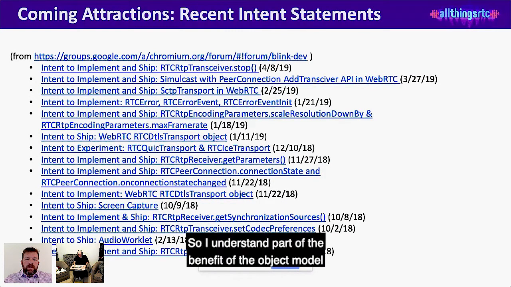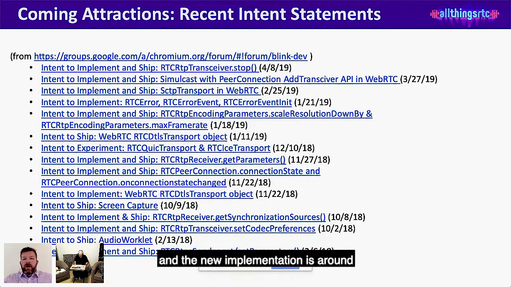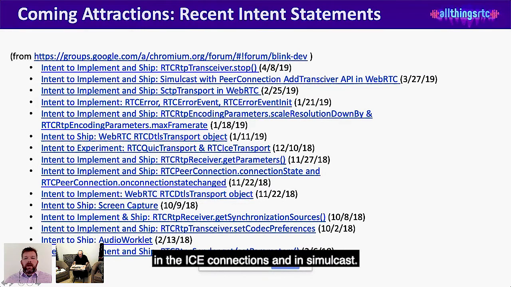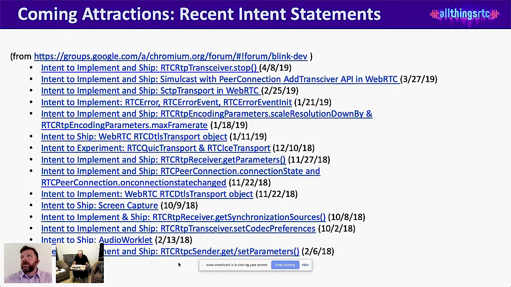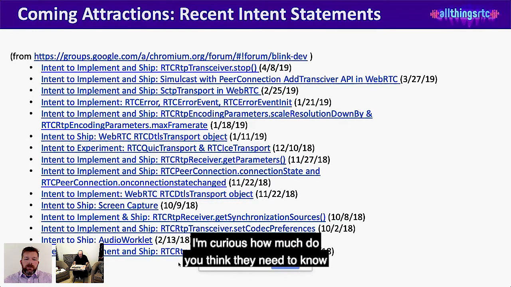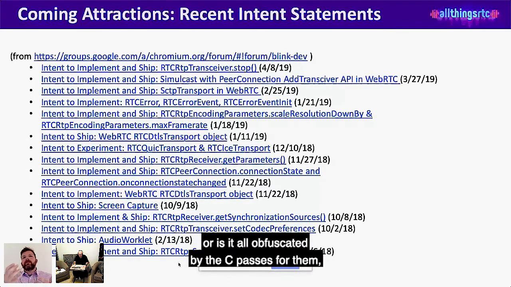Excellent. So I understand part of the benefit of the object model and the new implementation is around being able to get more information about what's going on in the ICE connections and in simulcast. For those who develop WebRTC applications using one of the CPaaS platforms, I'm curious, how much do you think they need to know about the details of that WebRTC implementation, or is it all obfuscated by the CPaaSs for them?